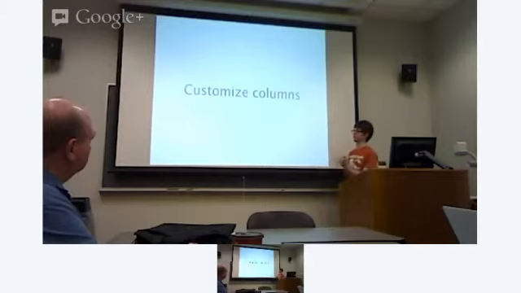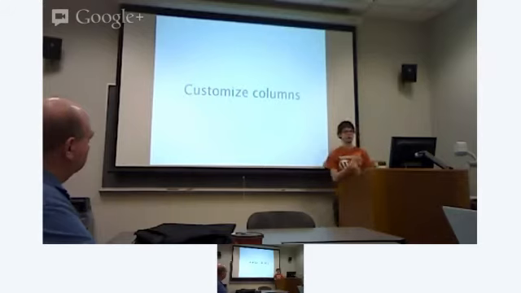Like I said here, customize those columns. Out of the box, I think on posts, you get a categories column, a tags column, a date column, a title column, and an author column. Well, if you're the only person on the site, you don't really need an author column. If you decided to use tags over categories, you don't really need a categories column.